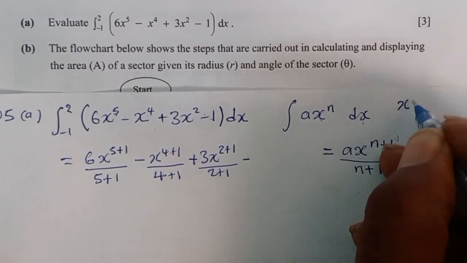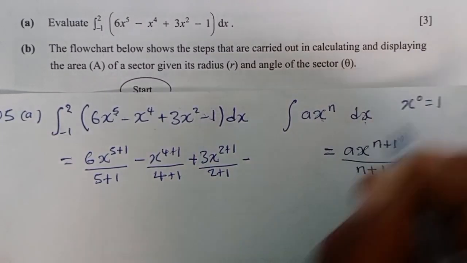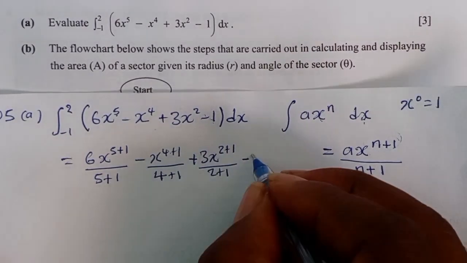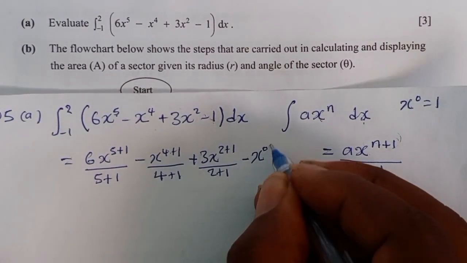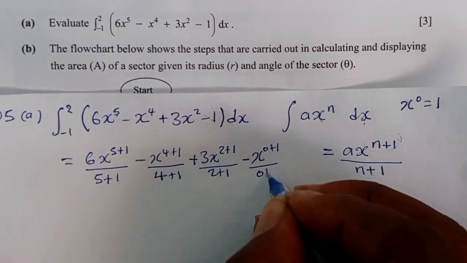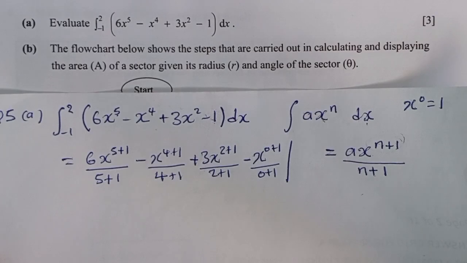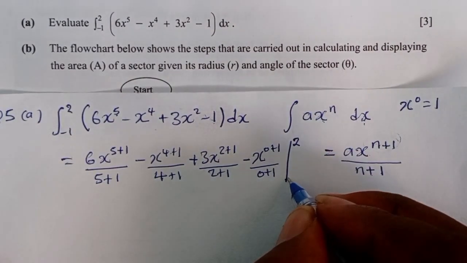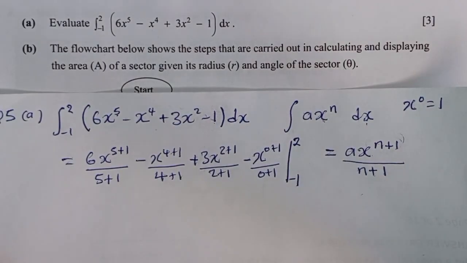That x to the power 0 is 1. So we say plus x to the power 0 plus 1 over 0 plus 1. Then the upper limit is 2. The lower limit is negative 1.